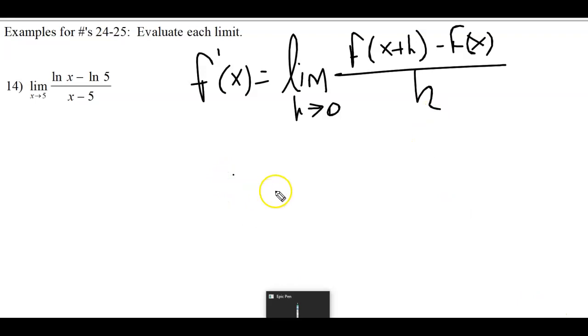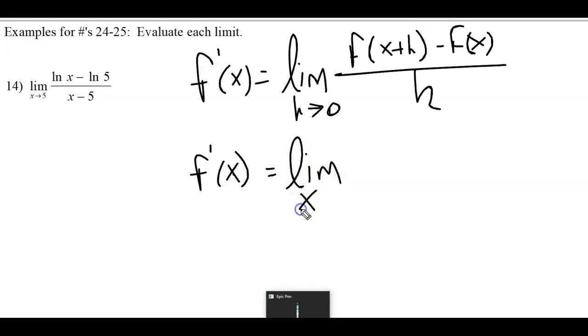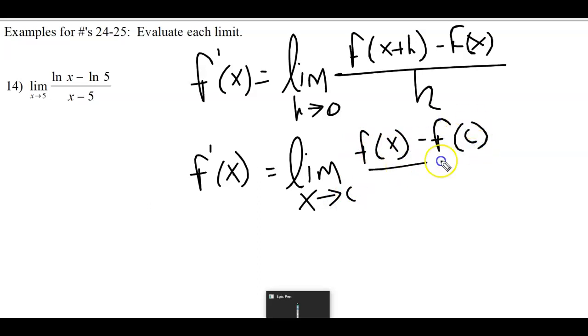The other way of writing this is with something called the alternative form. The alternative form of the limit definition of a derivative looks like this. They're both just different ways to calculate the derivative of a function.